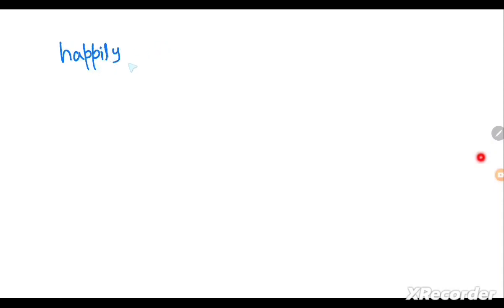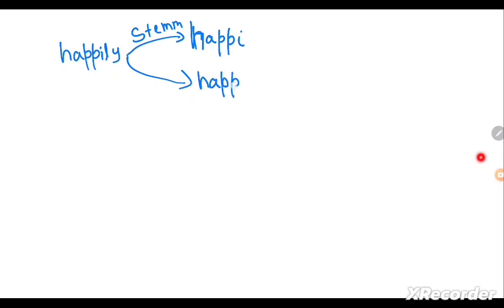When you apply stemming, you will have happi, and when you apply lemmatization, you will have happy. So basically we have one English word, happily, and after applying stemming we have happi, H-A-P-P-I, and when we apply lemmatization we have happy.